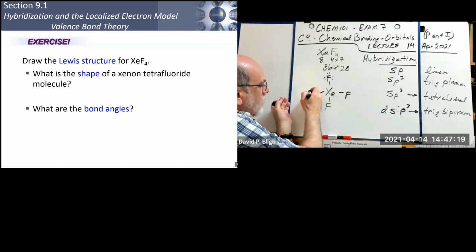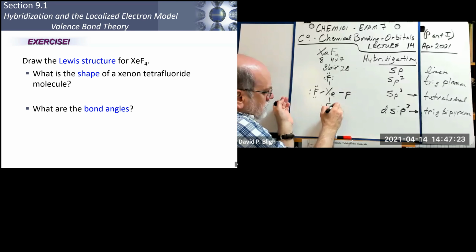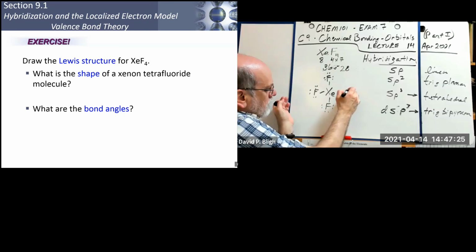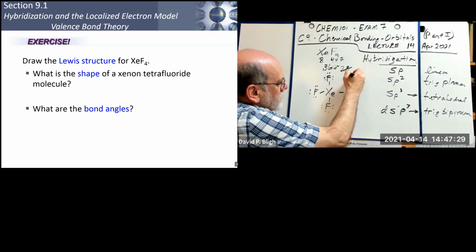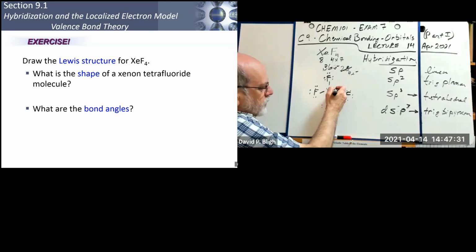So 6 times 4 is 24. That leaves you 4 electrons, so we have to put those around the central atom.